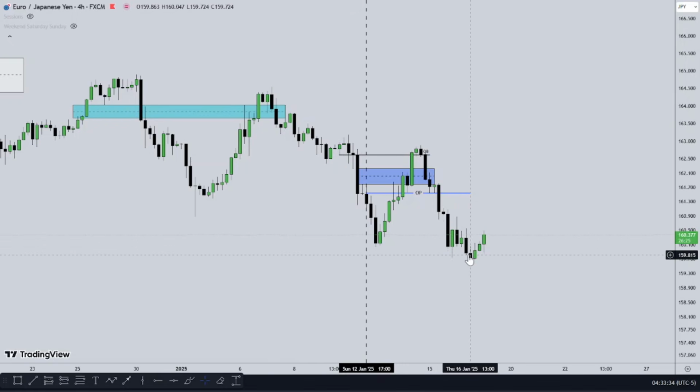a retracement lower. Now, if I were to align this with the economic calendar, during this week we had two high impact news. On Tuesday, we have the unemployment change, while on Thursday, we have the retail sales.